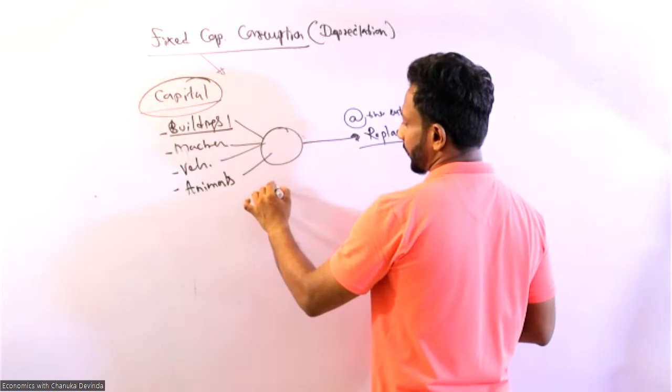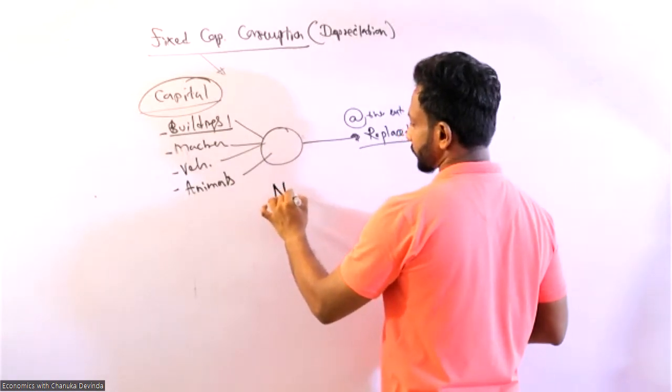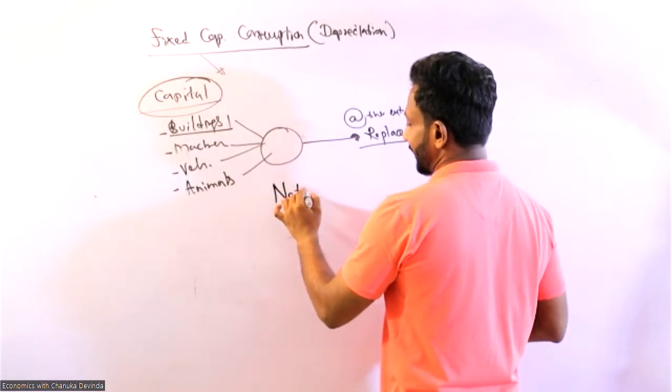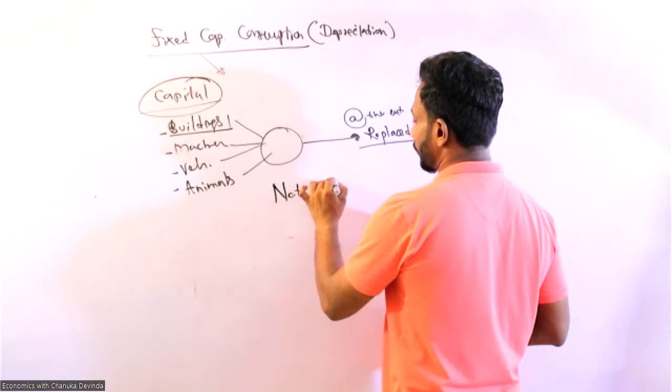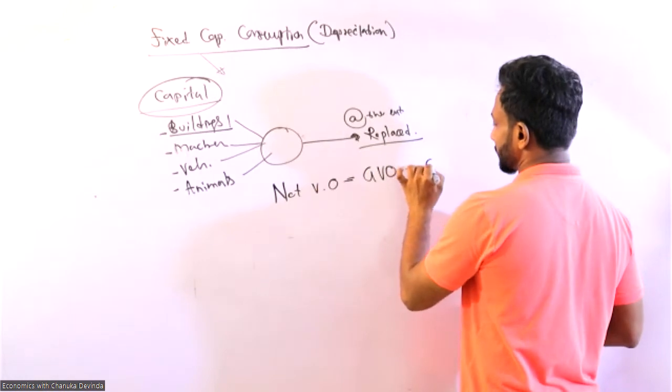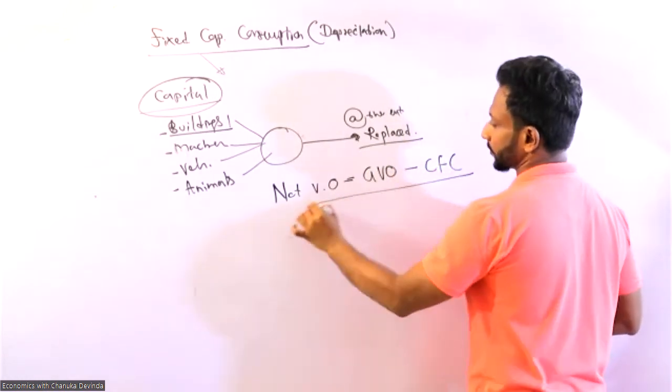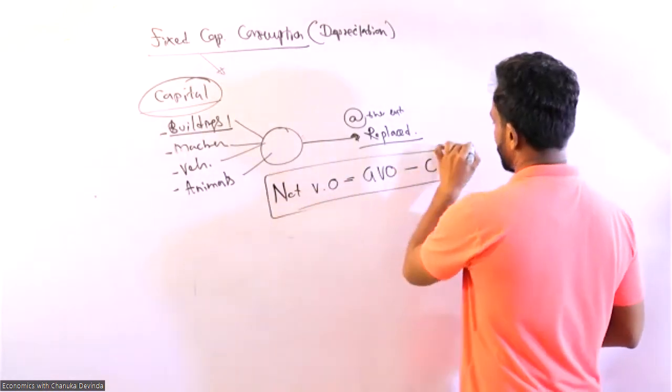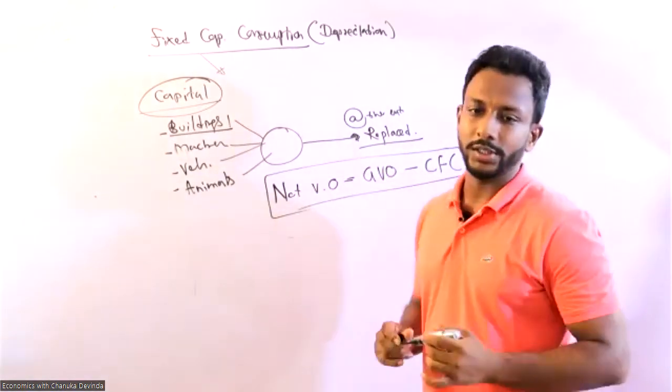I have given the final equation as well. Net value of output equals gross value of output minus consumption of fixed capital. Right. Is it clear or not, Chakra?